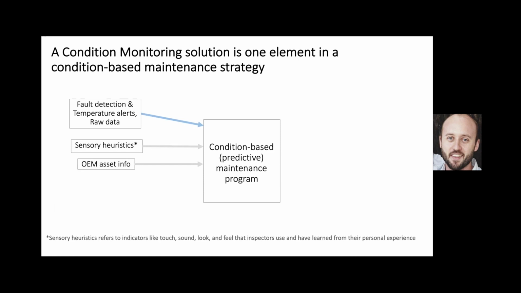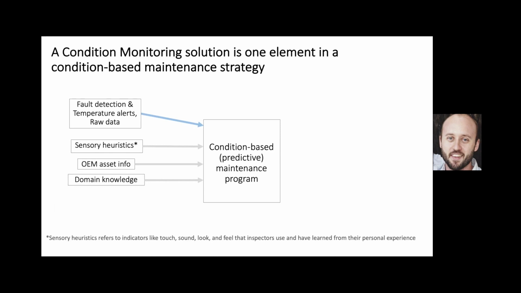Something that we can also do is take the OEM asset info, so understanding what the model is, what the manufacturer is, how the component is constructed. We could even create physics-based models based on the actual piece of machinery itself. And then there's also domain knowledge, understanding how that piece of machinery operates, understanding how it's mounted.